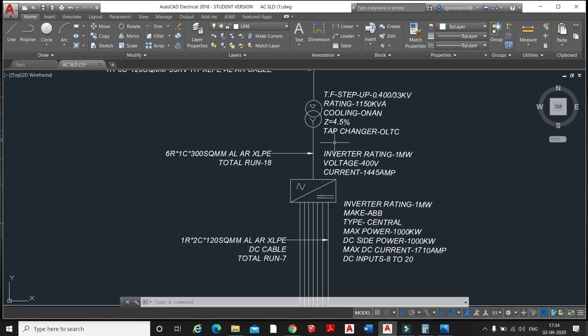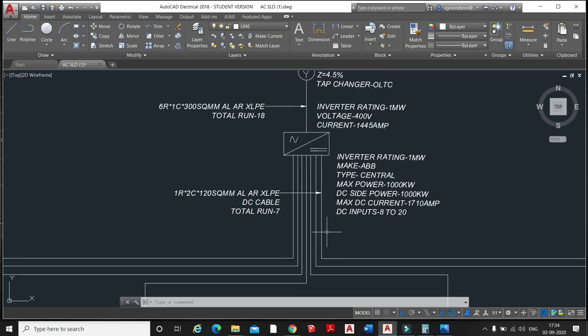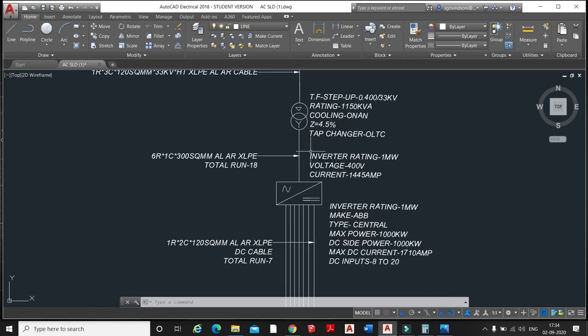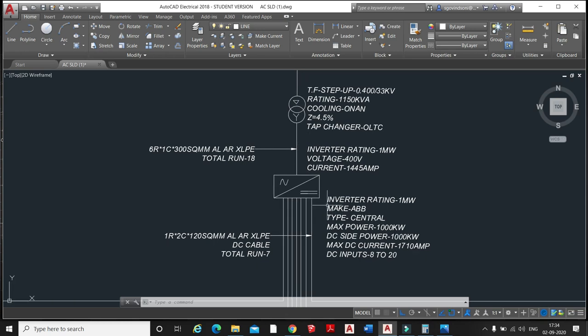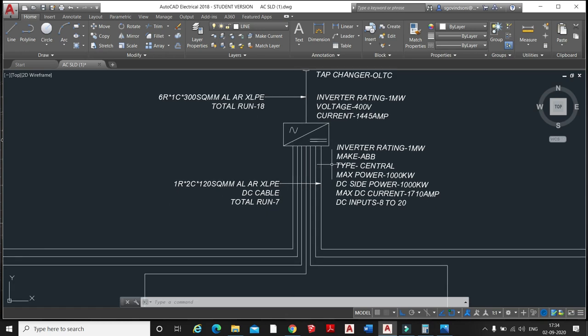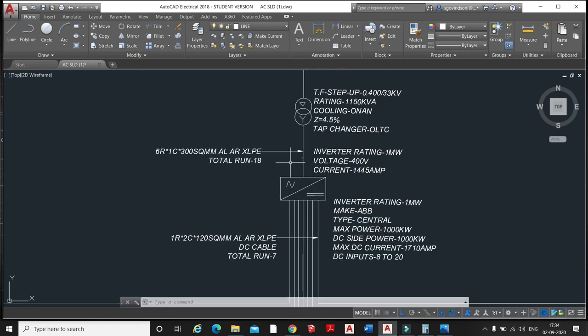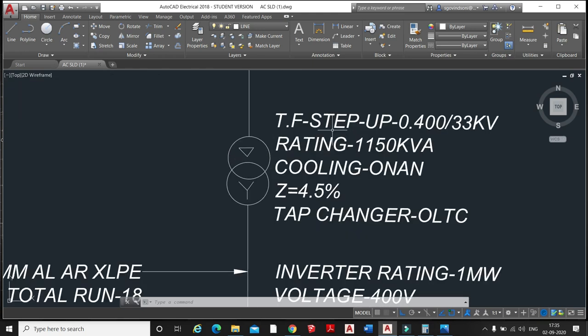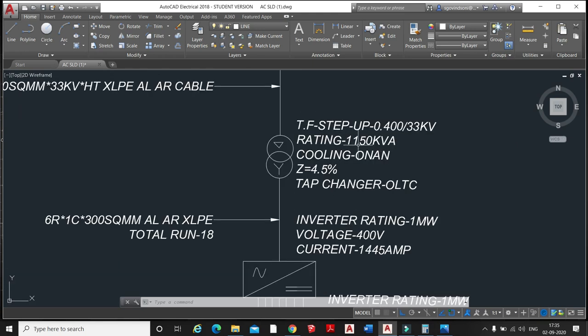If our DC capacity is 1 megawatt, then we cannot get the maximum AC output of 1 megawatt. The power is reduced due to the losses, around 10 to 15%. So we will always get an output between 800 to 900 kilowatt. So we can choose the transformer rating as 1000 kVA also.